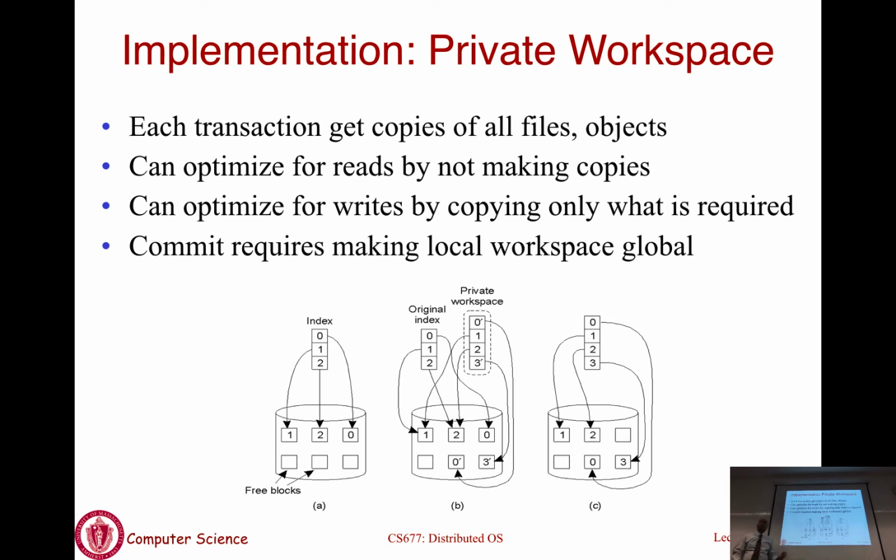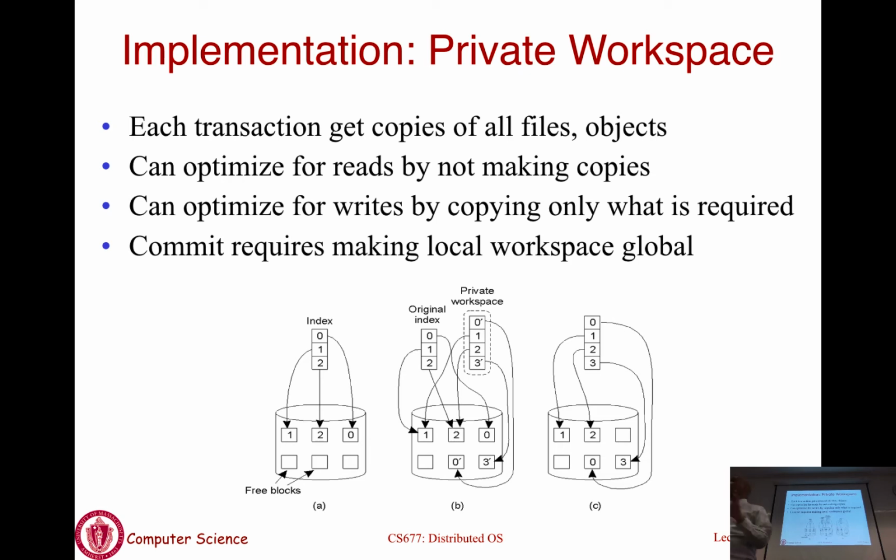In the private workspace model, you can ask how it is possible to give this all-or-nothing property. One way to do it is using what are called private workspaces. The way you can understand this is whenever a transaction starts, let's say you make a copy of the entire database and give it a private copy. So now your transaction is not operating on the main database, it's operating on the copy.